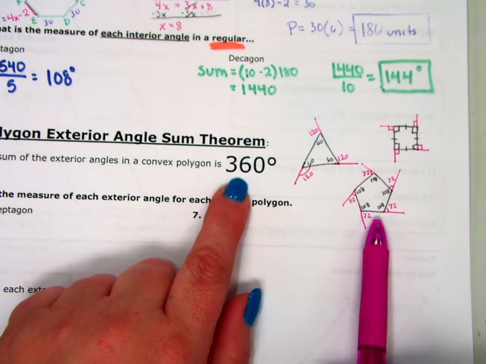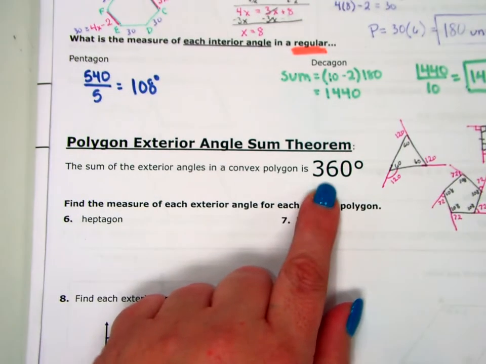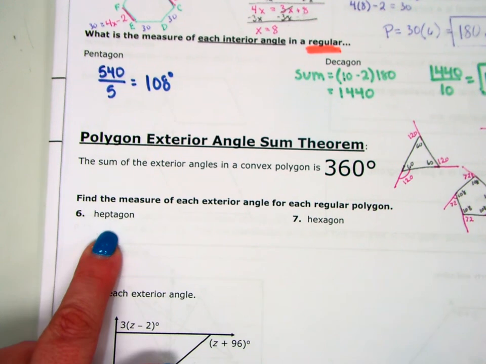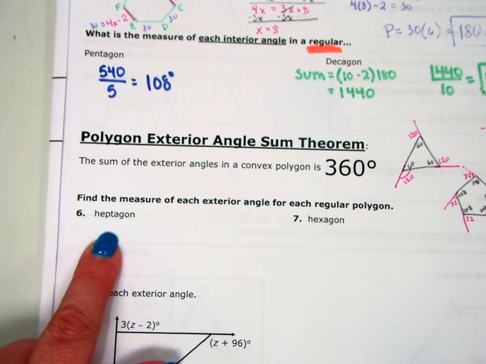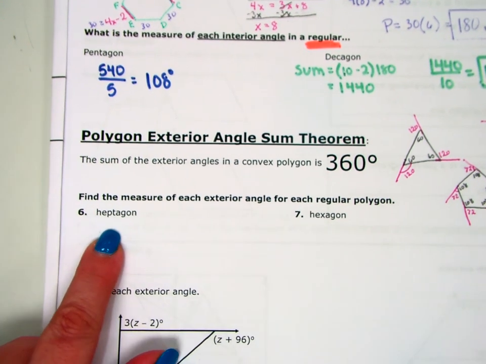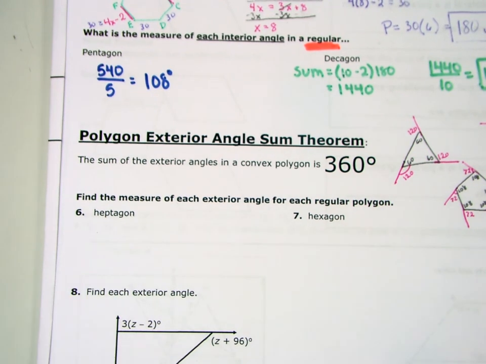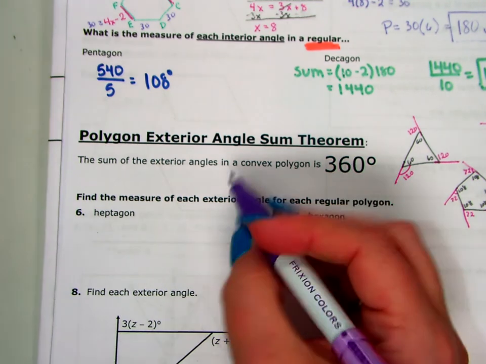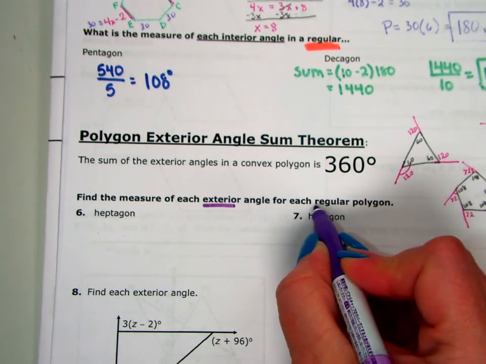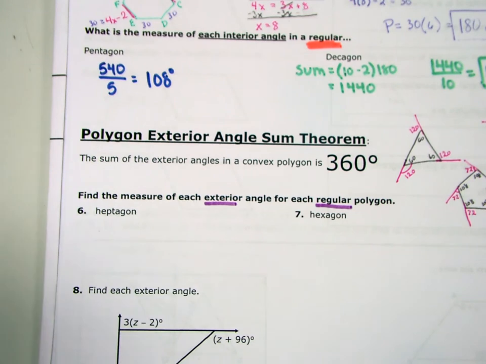Alright, so now we did triangle, we did quadrilateral, we did pentagon. We just talked about the hexagon. Let's look at the heptagon. Not going to draw it. If we talk about the heptagon, and I know that the angles have to add up to, what did I say they're going to add up to? 360 for exterior angles. If they're regular polygons, that means all of those exterior angles will be exactly the same.